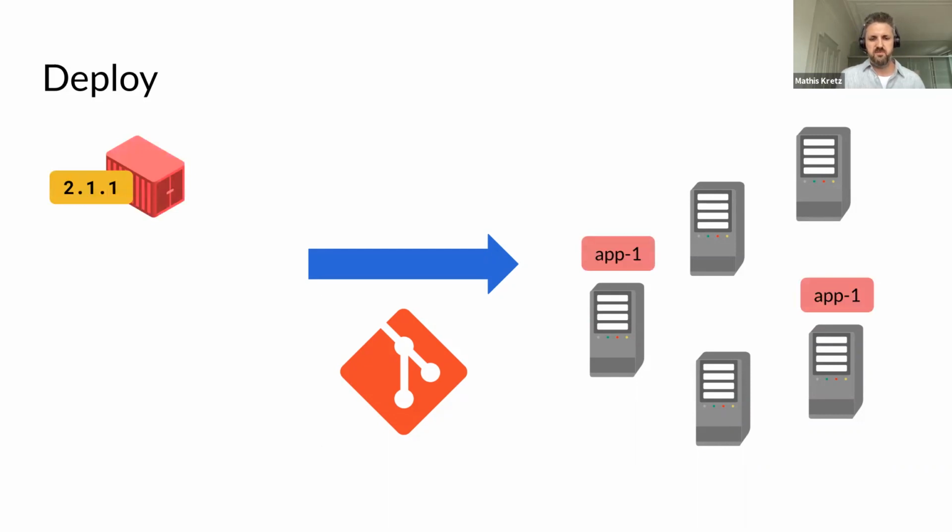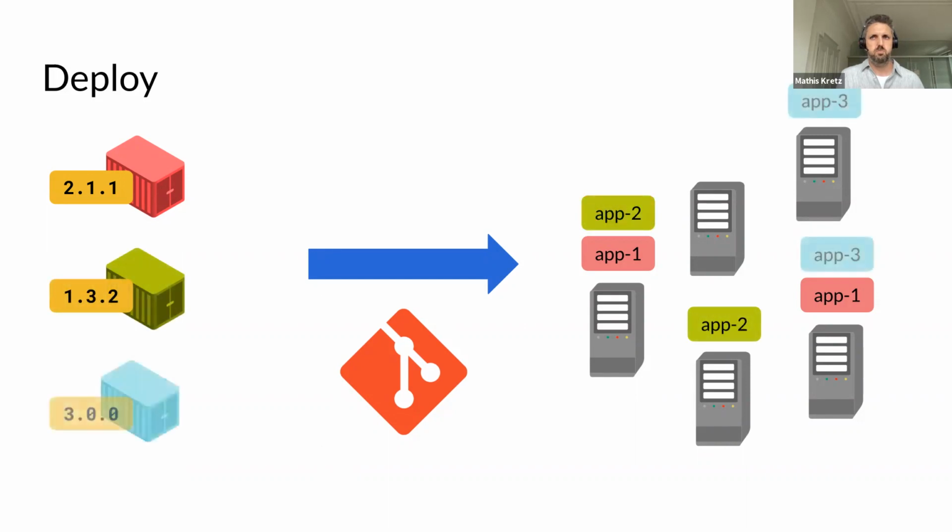Because we're using a declarative approach, our pipeline doesn't need to know the procedural details of how to deploy our application. It just idempotently applies the representation and relies on the underlying technology to figure out the steps needed to reach the desired state. In our example, the declarative representation are the Kubernetes YAML files containing deployments which reference container images.